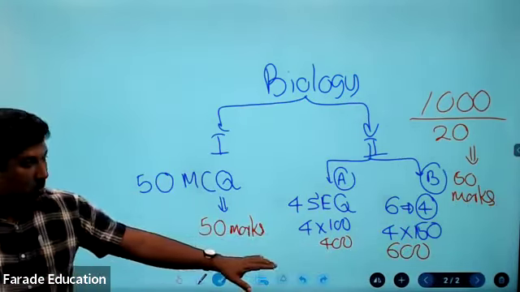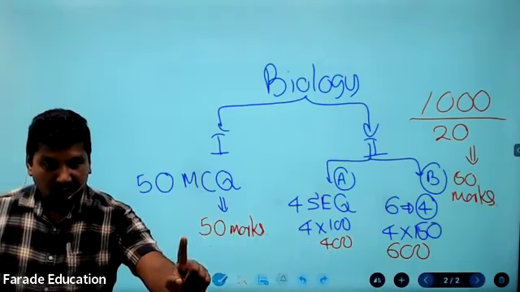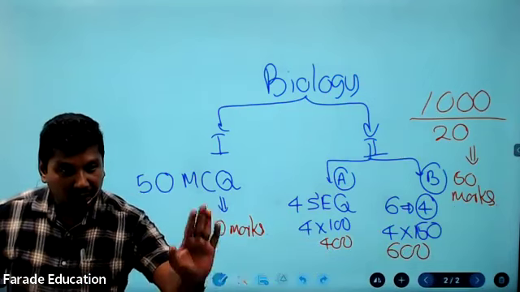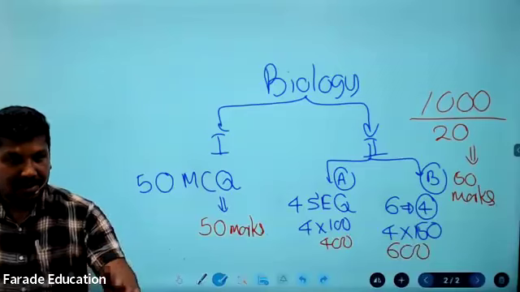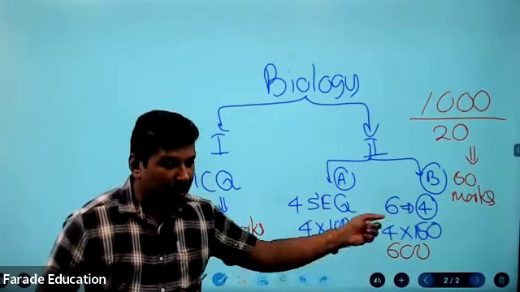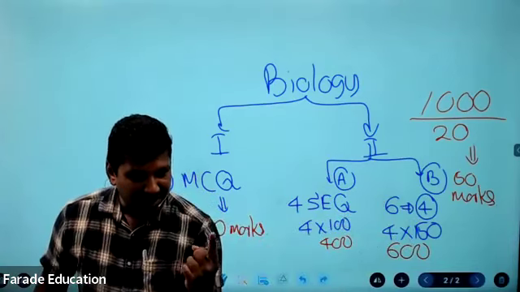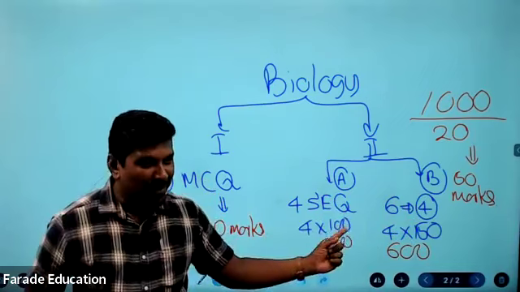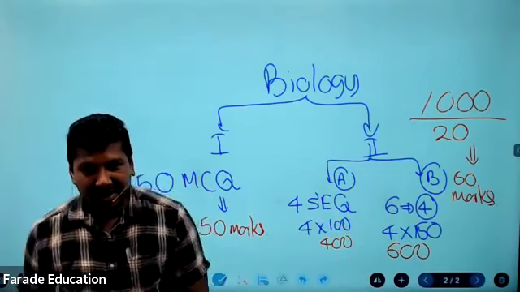Right? So if you correctly mark one MCQ, you get 1 mark out of 100. Each question carries 1 mark. Right? To get 1 mark from part 2, how many marks do you have to take? 20. To collect 1 mark, you have to write for 20 marks here. You have to write and write and write and get it.